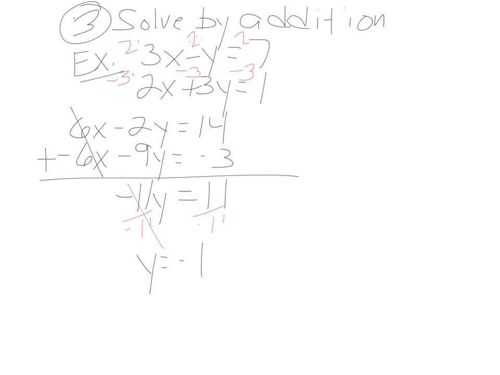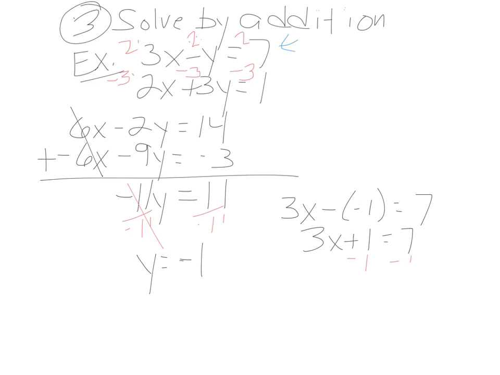So I have y, I have to also have x. I can plug the negative 1 in for y into either equation, either the top or the bottom. I'm going to put the negative 1 in for y in the top equation. So then I'll have 3x minus a negative 1 equals 7. 3x plus 1 equals 7.